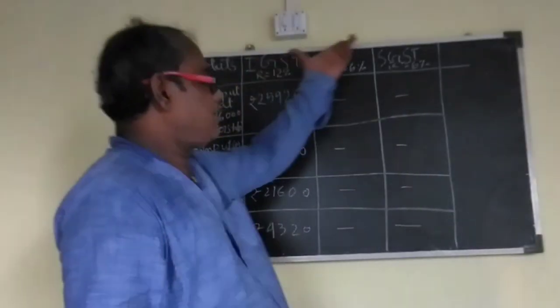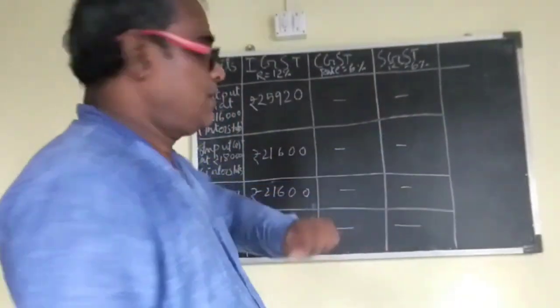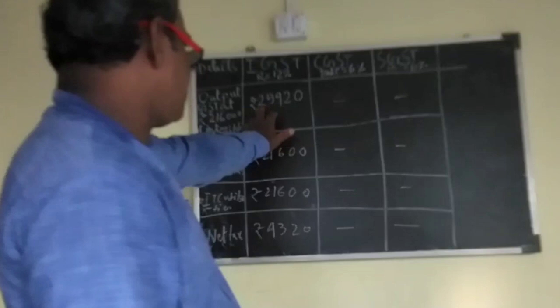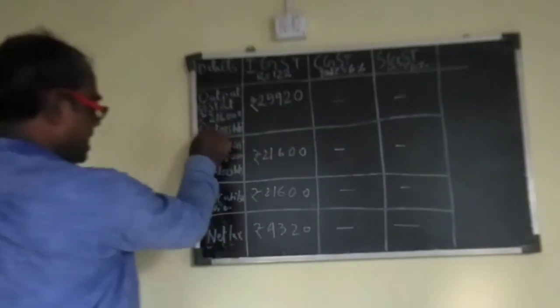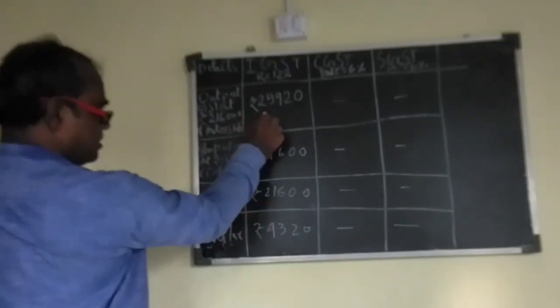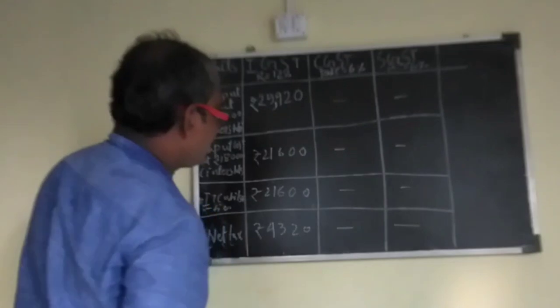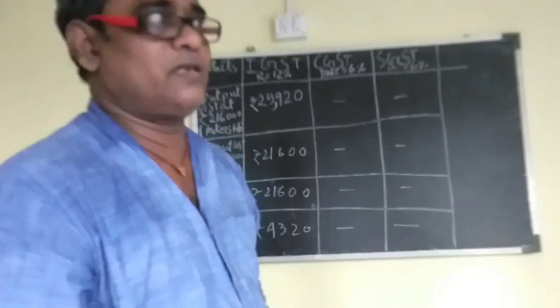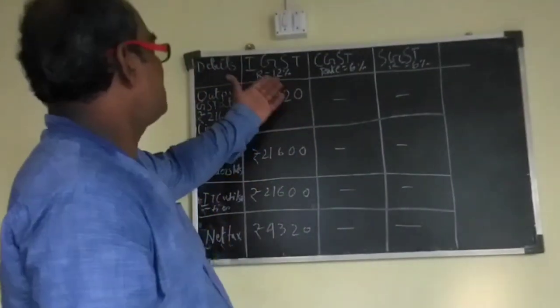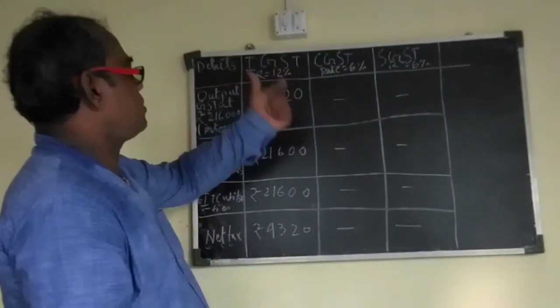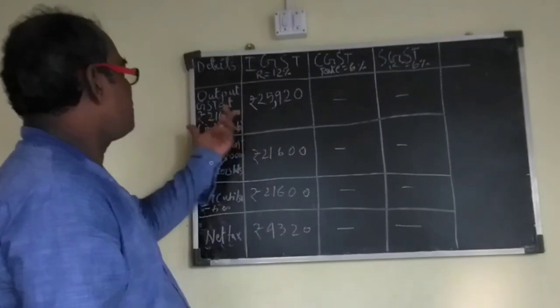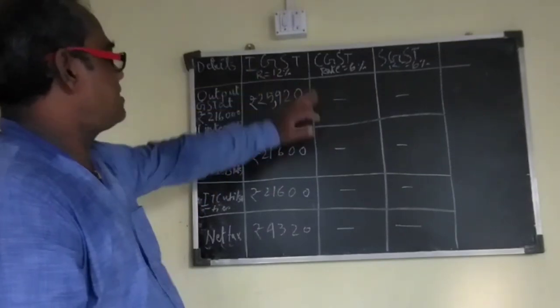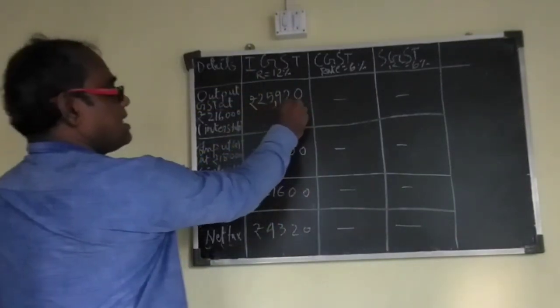So now we'll prepare a chart as usual. So we had the output GST at rupees 2,16,000 was 25,920. Since the output transaction was interstate transaction, and the rate of GST was 12%, the output GST will be under IGST, that is 25,920.